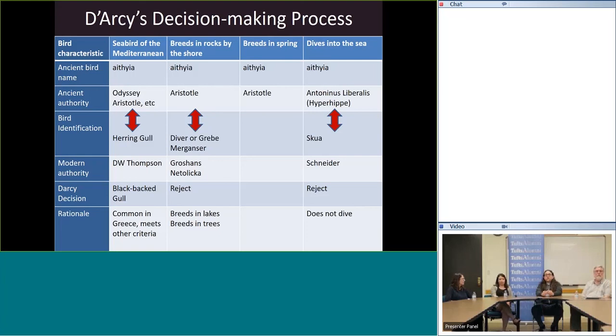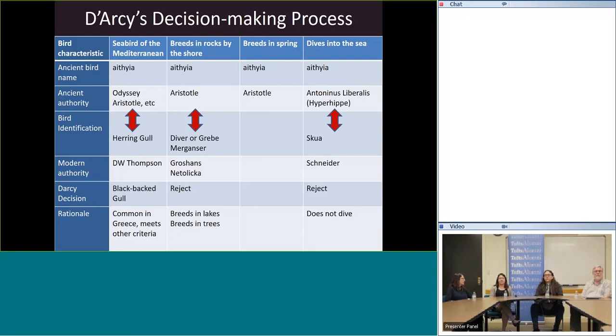So in his first edition in 1896, he identified this Aithyia, which is a Greek word for a bird, as a gull. And Michael mentioned that there's some issues with that, but the characteristics he was using was that it was common in Greece and met criteria laid out by Aristotle.